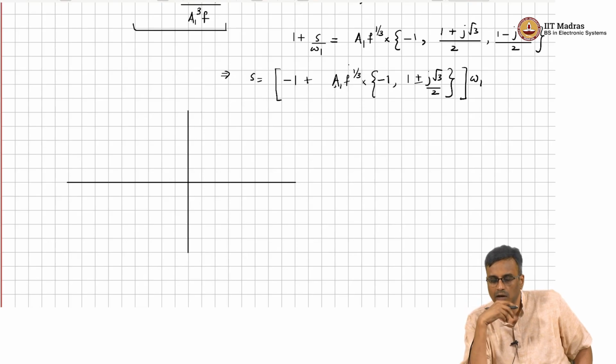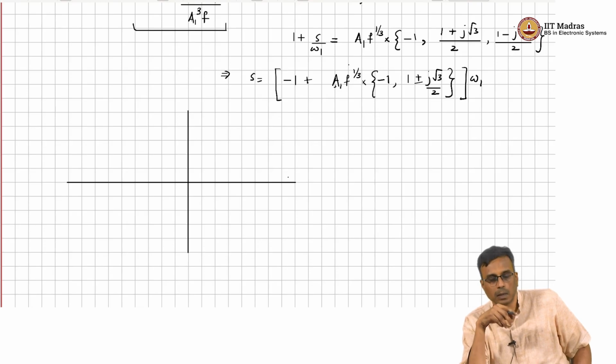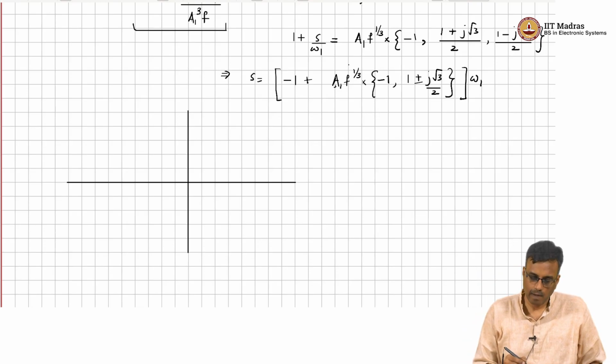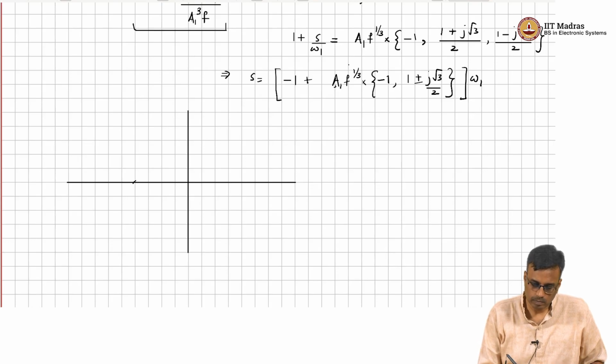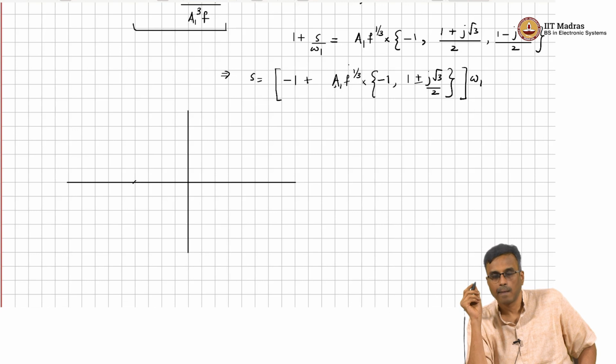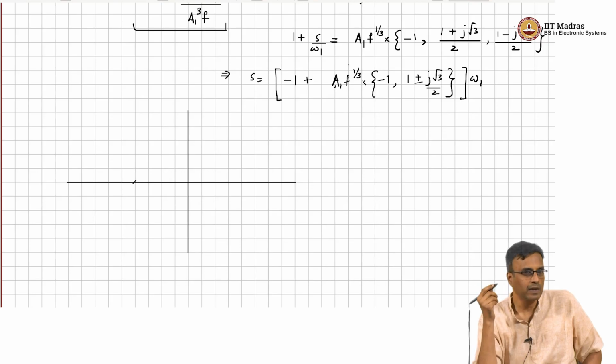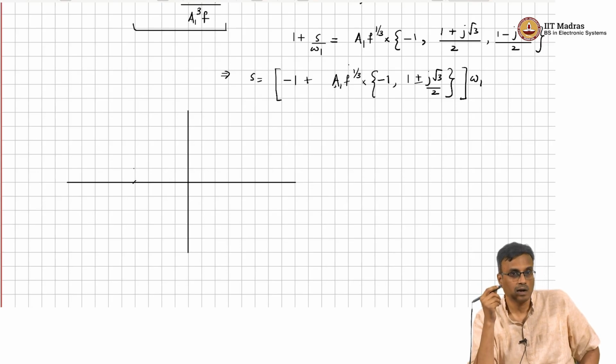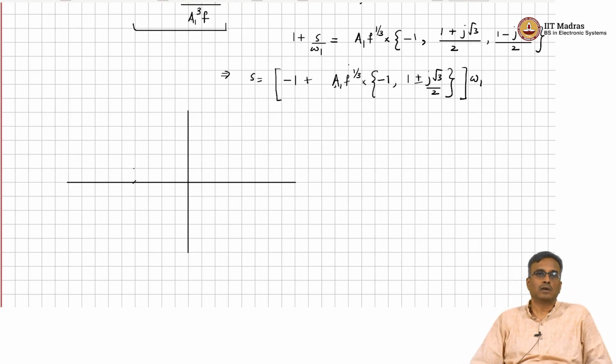Okay. So, when a 1 f to the 1/3 is tending to 0, what comment can we make about the poles? How many poles are there? 3 poles. So, where are the 3 poles? Minus, where are the poles?